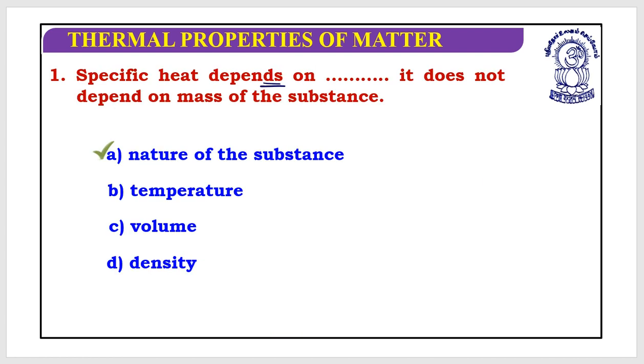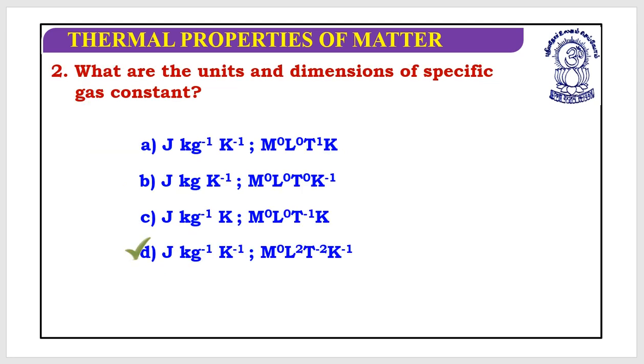First, specific heat depends on the blank, and it does not depend on the mass of the substance. Yes, it depends on the nature of the substance. Second, what are the units and dimensions of specific gas constant? So, specific gas constant could be written as r equals capital R by M, where R is the universal gas constant and this small r is the specific gas constant.